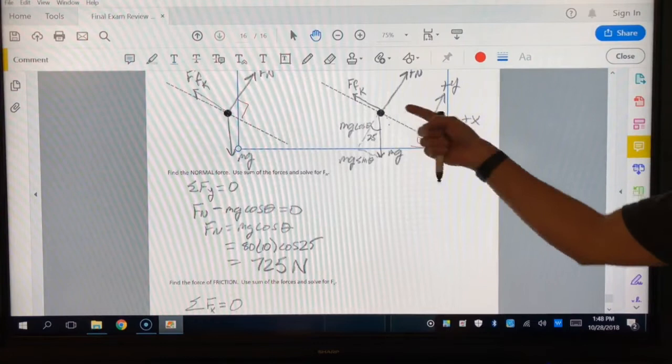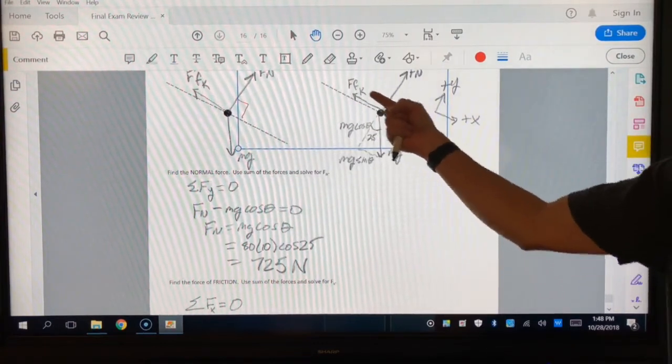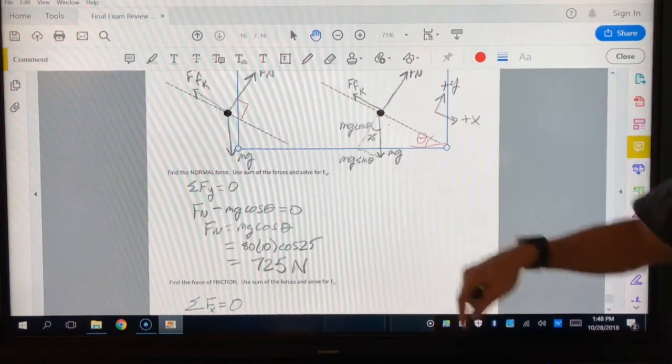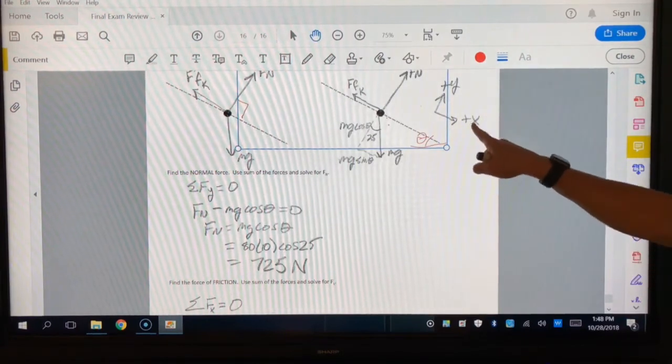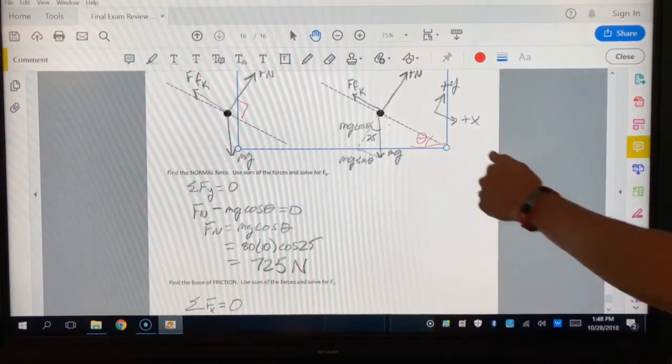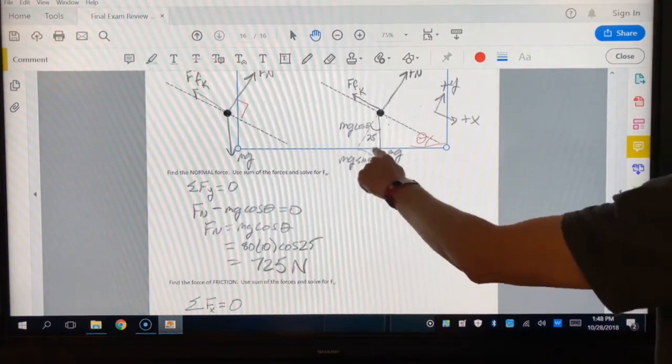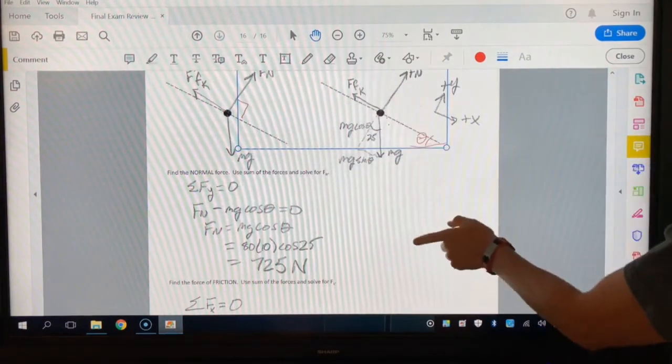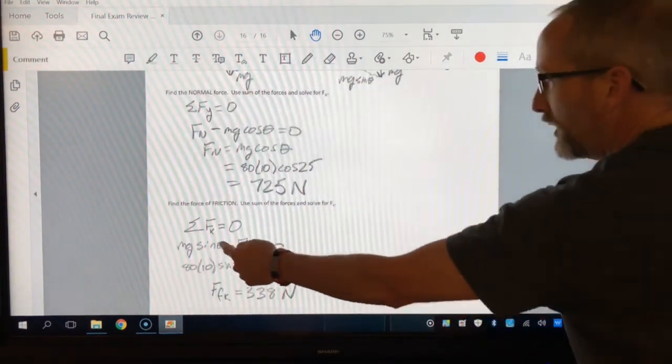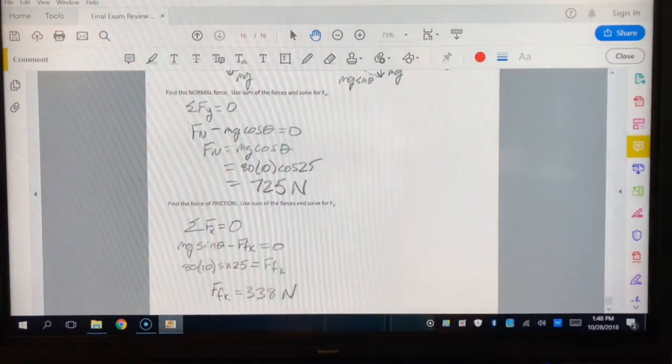To find friction, we've got to go everything in this direction minus everything in this direction, depending on which way we say is positive. But because we said x is positive in this direction, we're going to take mg sine of the angle minus the force of kinetic friction. So that's why we did that. And we get our final answer of 338 newtons.